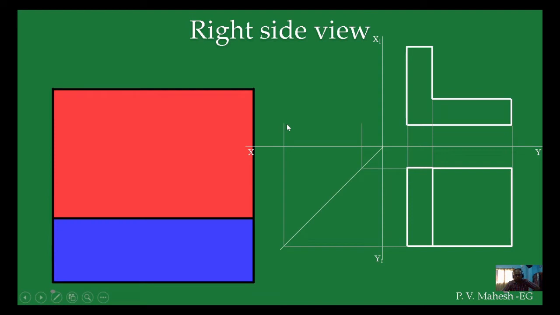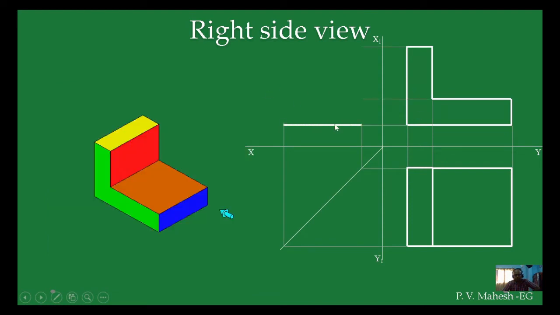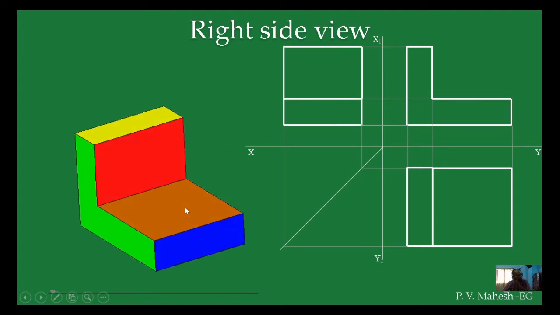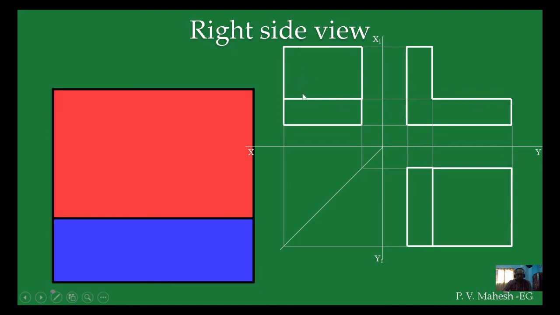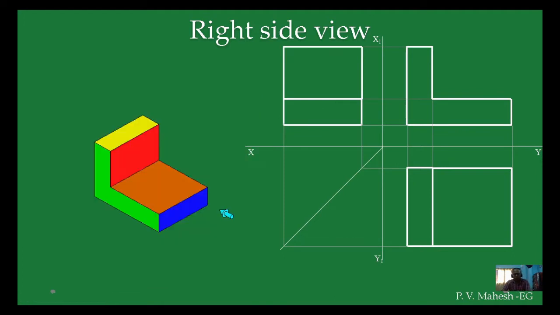These are the projection lines, and if I draw the projection lines from the front view, I can match the side view like this. This is the side view, and the right side view will come on the left side, as we already discussed in previous classes. So this is a simpler one.